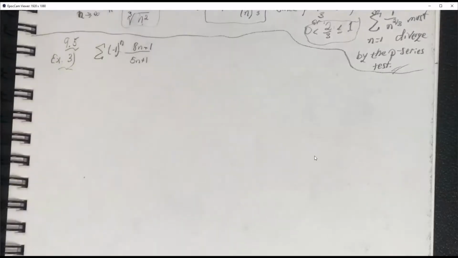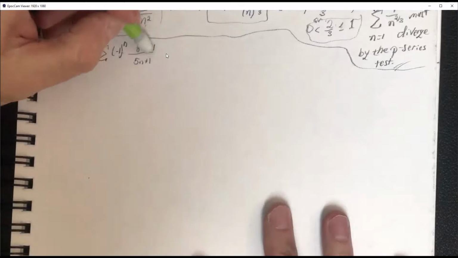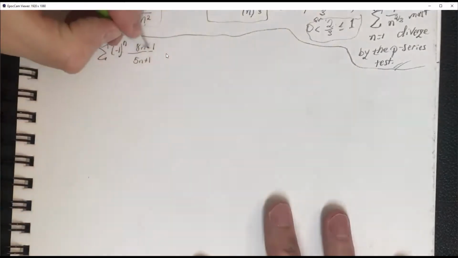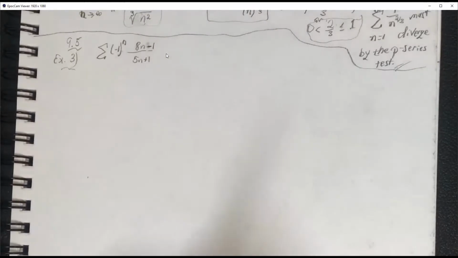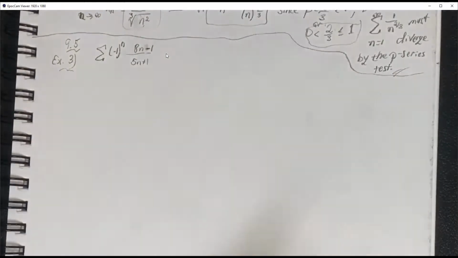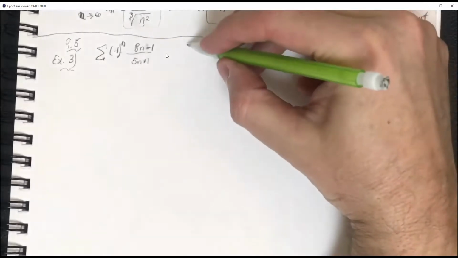So 9.5, number 3, and here we have 8n minus 1. Okay, so there's just a couple thoughts we have. First of all, let's just look at the terms.